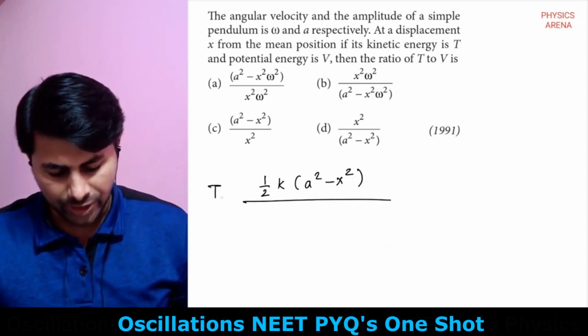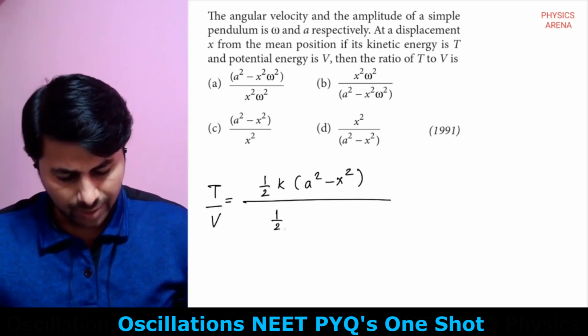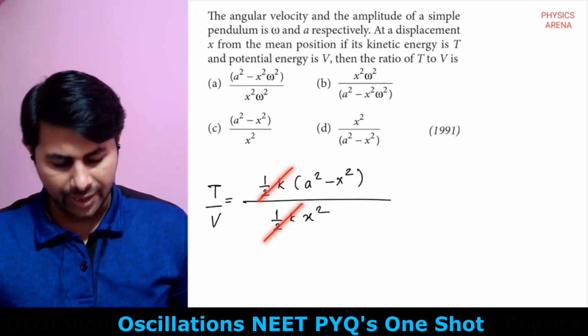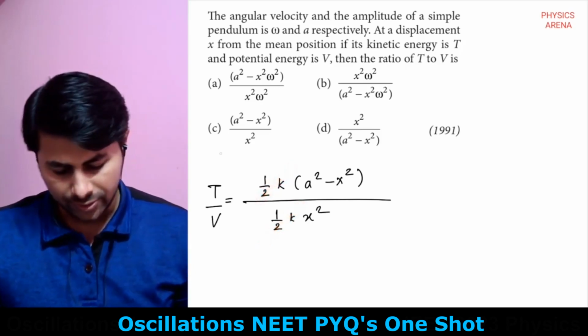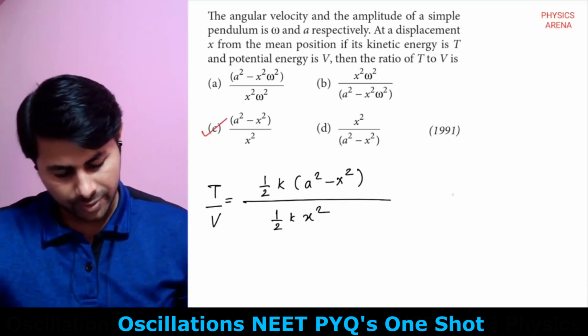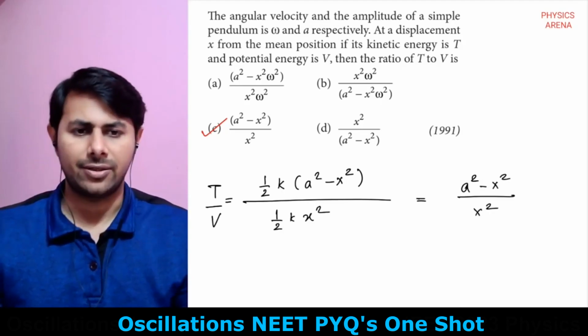And the formula for potential energy is half of k multiplied by x square. So this half k and half k get cancelled. So what is left? It's option C. This is equal to a square minus x square divided by x square.